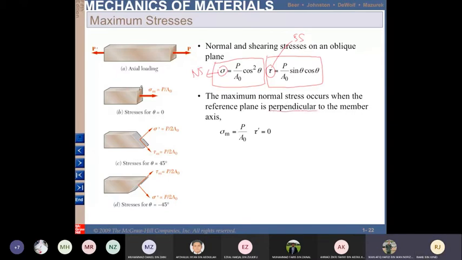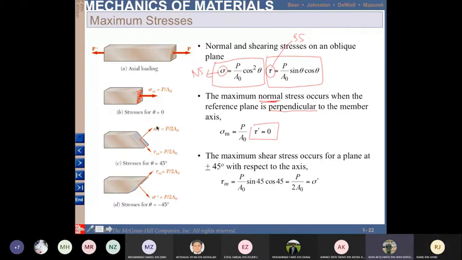So when it is perpendicular, the normal stress is maximum. The shear stress will be 0. When it is parallel, which is 0 degrees, the maximum shear stress occurs, and the normal stress is 0.